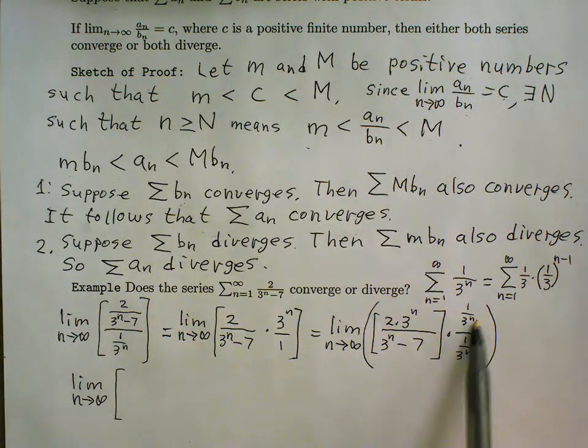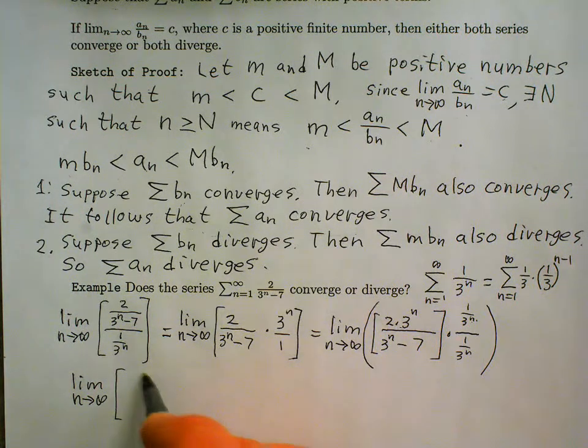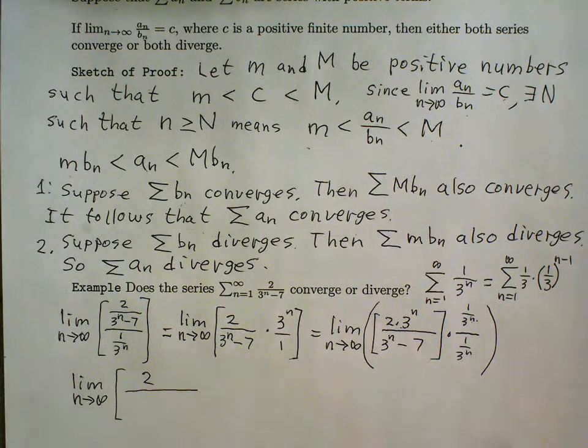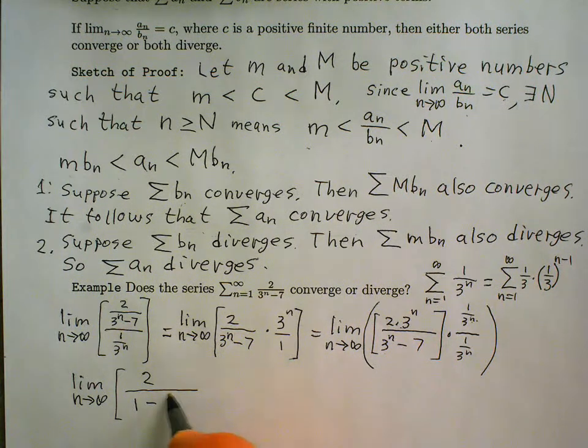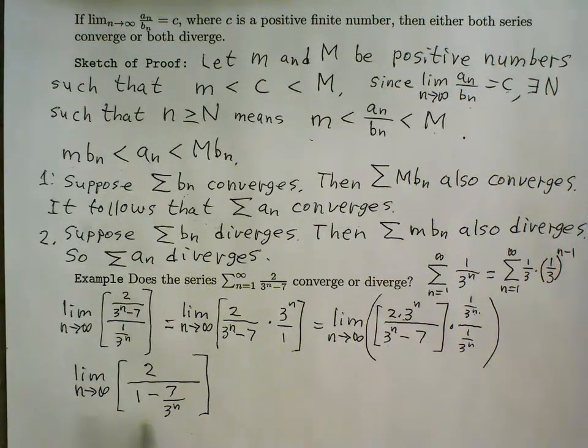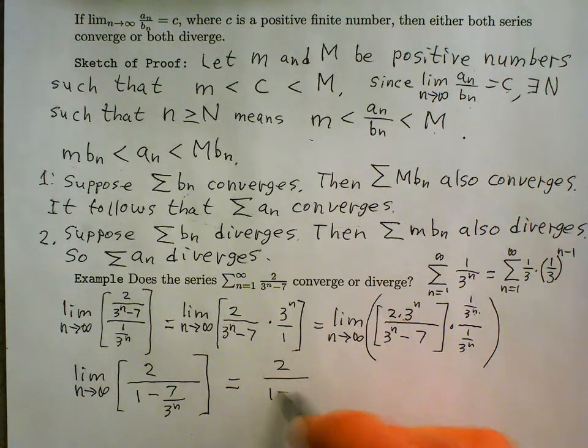In the numerator, 2 times 3 to the n times 1 over 3 to the n is just 2. And in the denominator, 3 to the n minus 7 times 1 over 3 to the n is 1 minus 7 over 3 to the n. As n goes to infinity, 7 over 3 to the n goes to 0 because the denominator goes to infinity. So this limit is 2 over 1 minus 0, or 2.